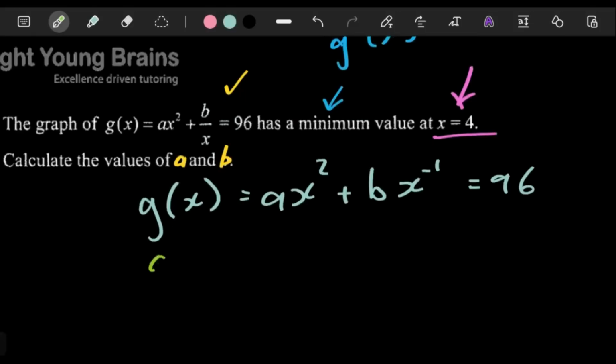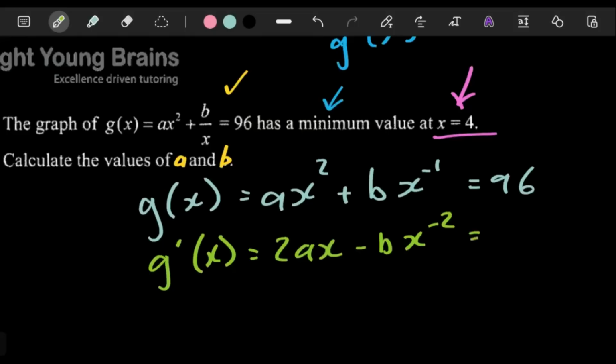If we're going to differentiate this, let's differentiate. You're going to have 2 times a, which is 2ax. Negative 1 times b is negative bx. Negative 1 minus 1 is negative 2. Whoa, what's going on here? Oops, that part was not necessary.